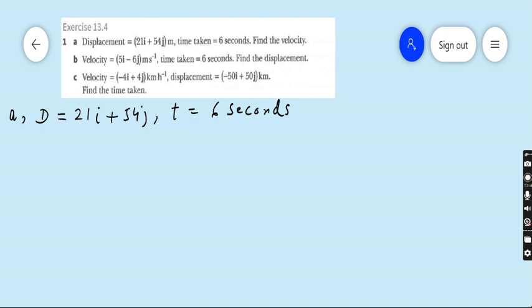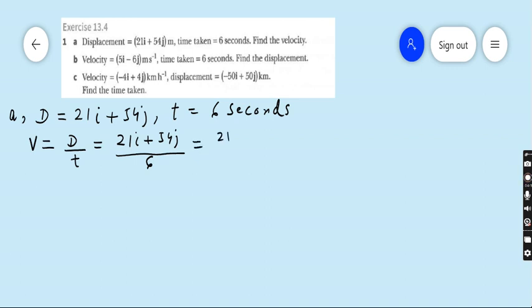The question is to find the velocity. Velocity is always equal to displacement upon time. So displacement is given as 21i plus 54j, a vector quantity, upon time, which is given as 6.